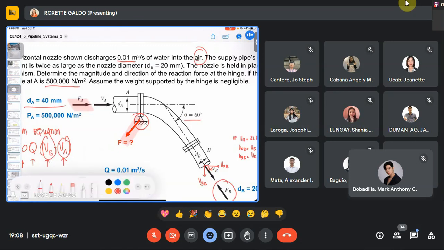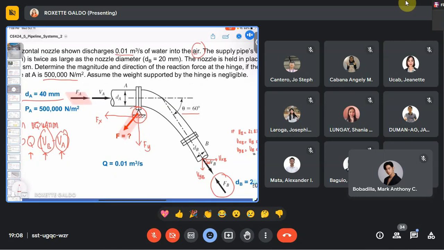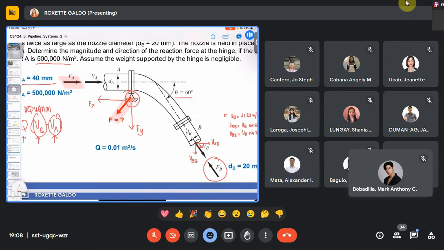But since this is directed downwards, we have to break it down into its components. So this is going to be Fy and Fx. So we have Fx, which is the force at the hinge, and then we have FB here, inclined, so we are going to break it down into its components, FXB and FYB.